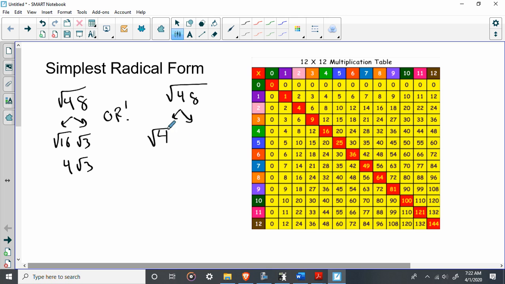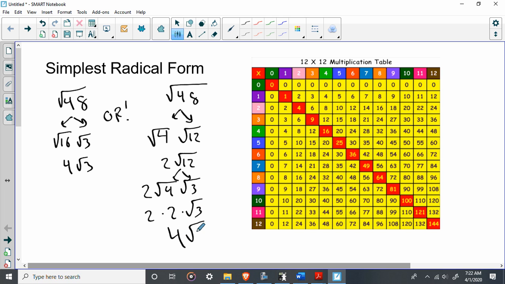Radical 4 times radical 12. Well, the square root of 4 is 2. The thing you just need to do is check whether there are any perfect squares that go into 12. Yeah. 2 times radical 4 times radical 3, right? 12 is 4 times 3. 2 times 2 times radical 3, which is going to be 4 radical 3. So again, you have your choice.